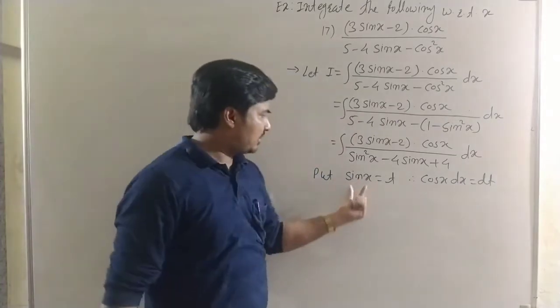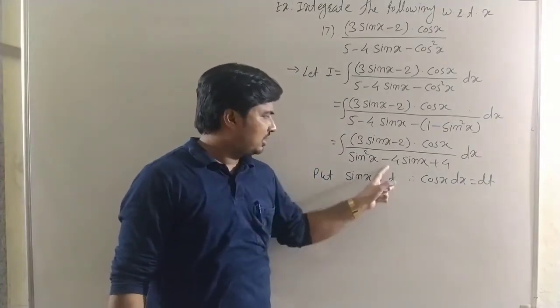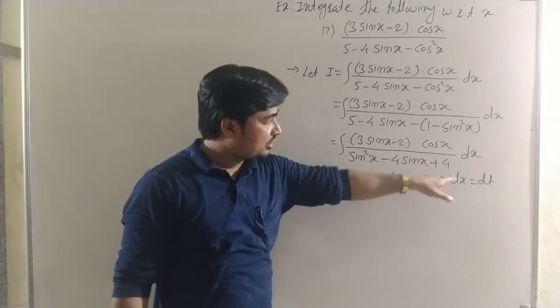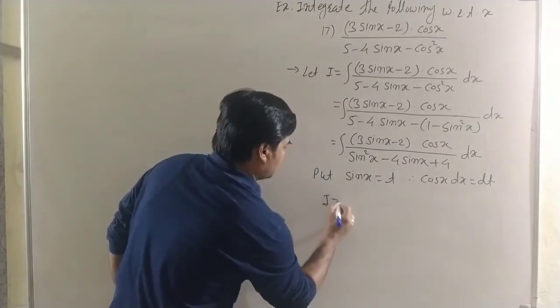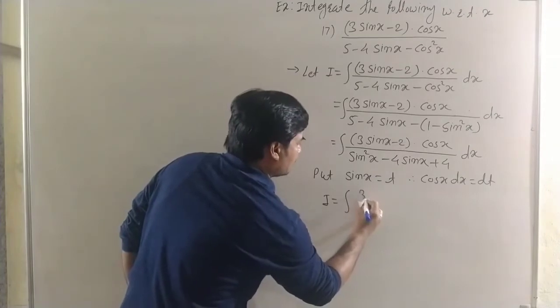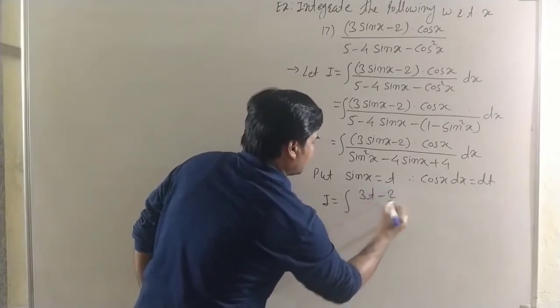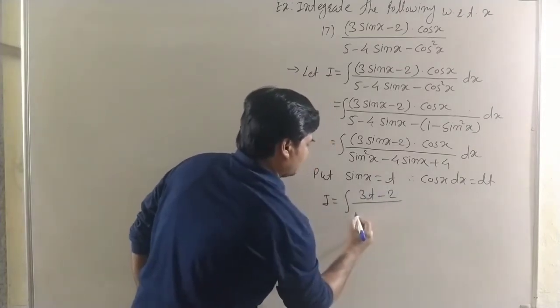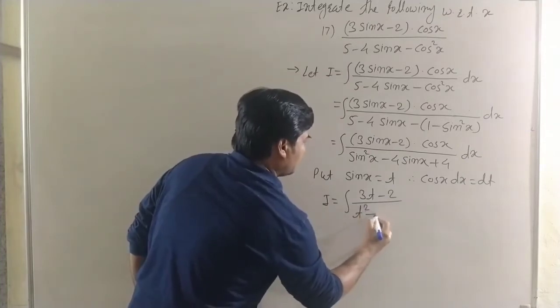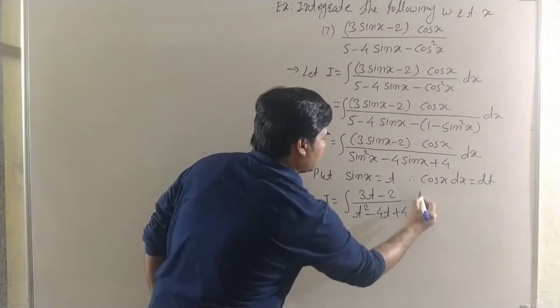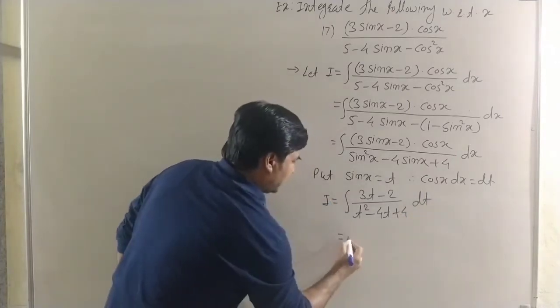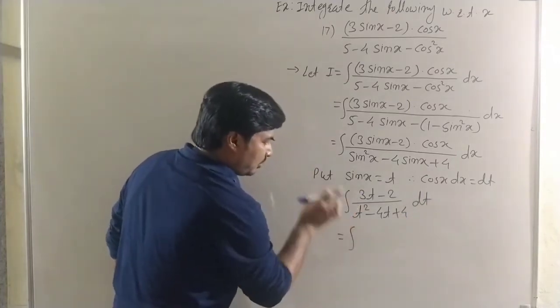The derivative of sin x is cos x, so dt by dx gives cos x dx is equal to dt. And now our integral becomes the integral of 3t minus 2 upon t square minus 4t plus 4 dt, and then it is a linear function upon a quadratic function.